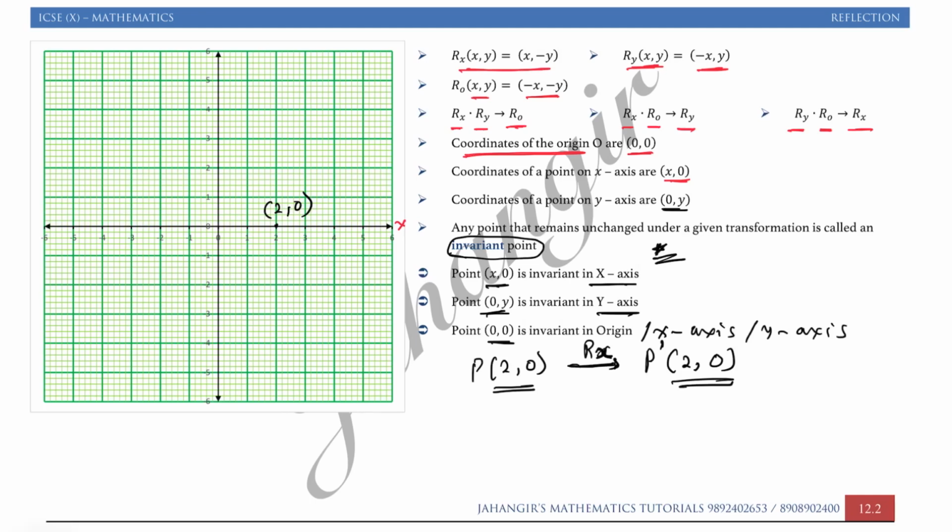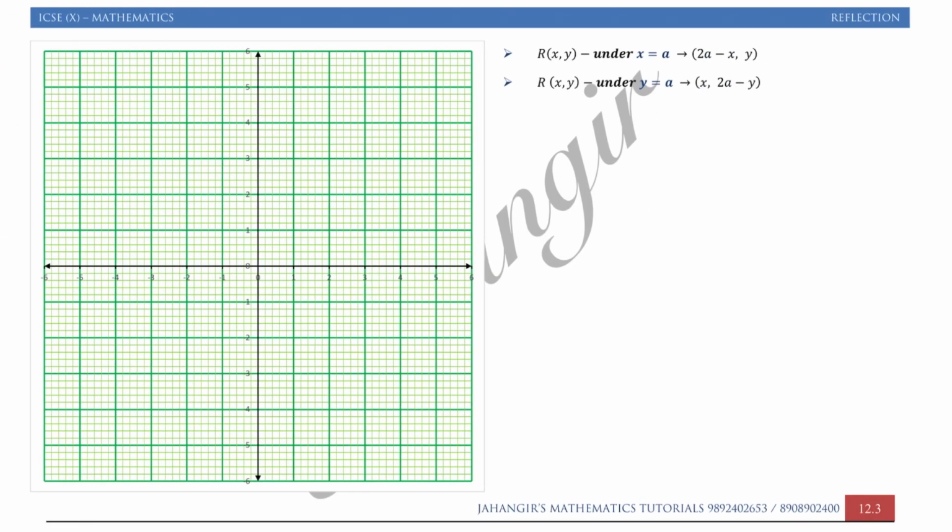Invariant means a point which does not change its position under the given transformation. So let us revise. Okay, first, when you are reflecting any point x and y under the reflection in x-axis, its y coordinate will always change sign.